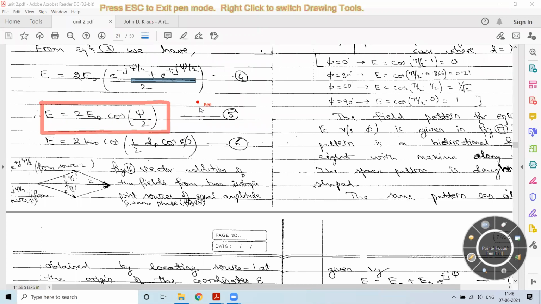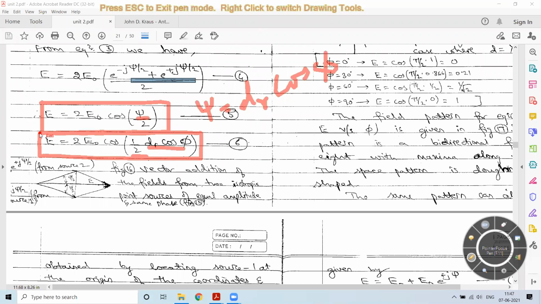What is psi? Psi is equal to the radian distance times cos phi, the cosine of the angle we are considering. So if you simplify this, it will be dr cos phi divided by 2. This is the electric field due to two isotropic point sources which have the same amplitude and same phase, or are in phase.